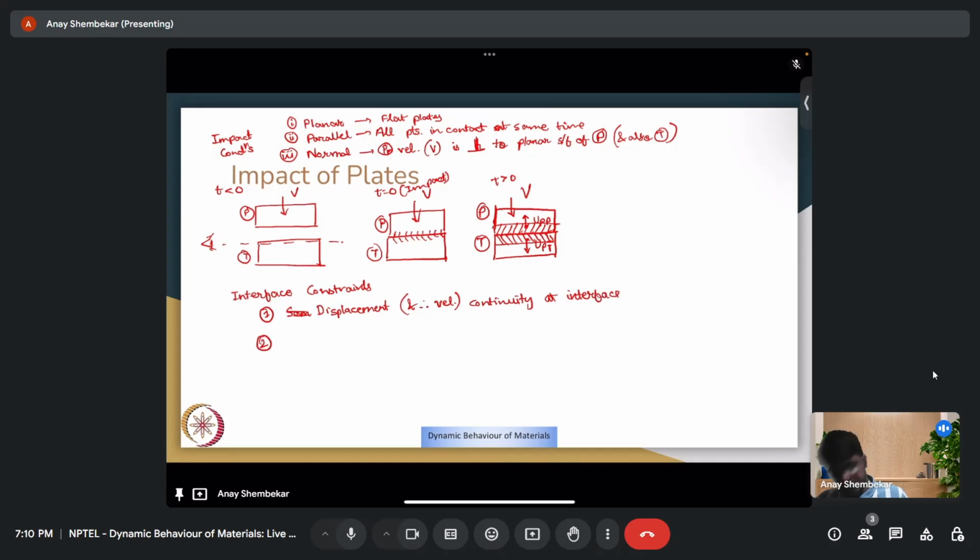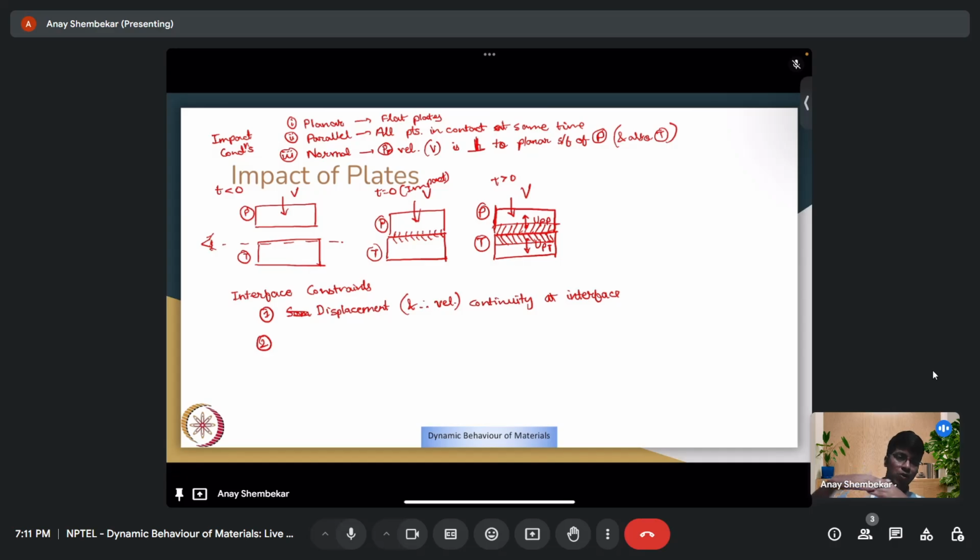The second condition relates to the force. If there is a force mismatch on the surface, you'll have a pressure mismatch. That pressure mismatch will create two different waves in the material.